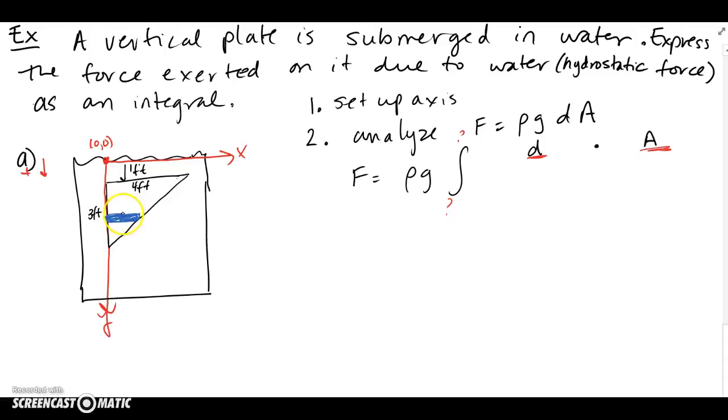So let's say I take one representation, one slice somewhere on that vertical plate, and I'm trying to find out how deep it is below the water first, because I want to figure out what d is here. And so there is d, how far below the water that representation is.